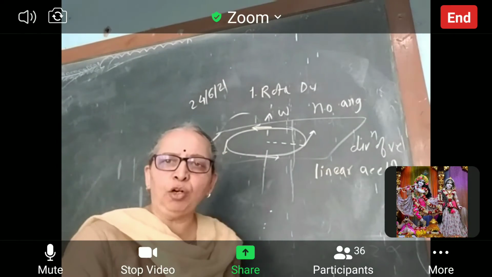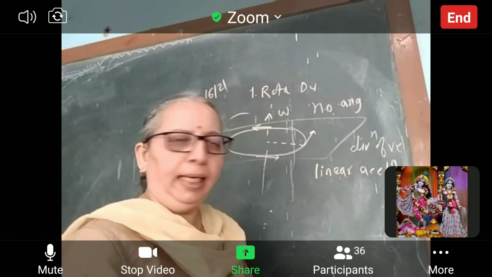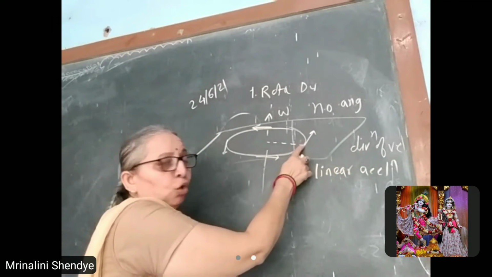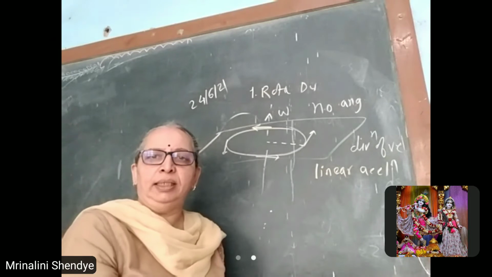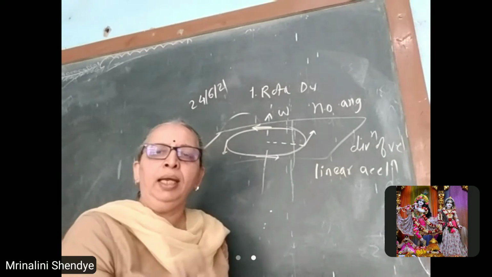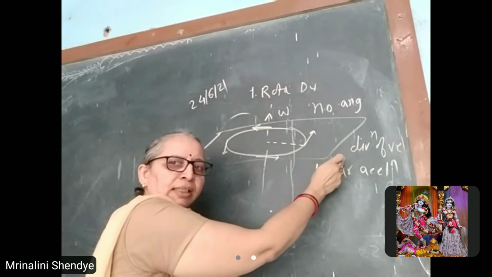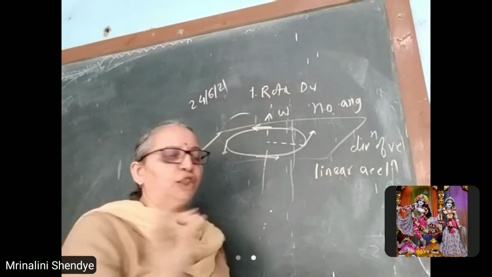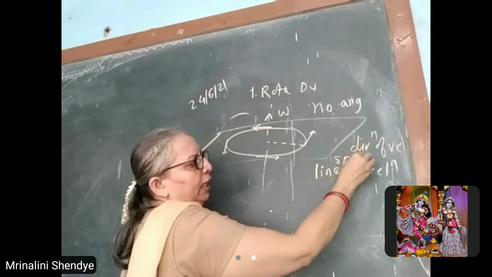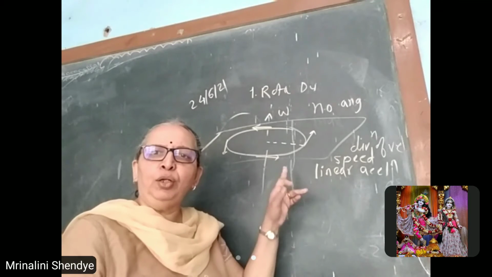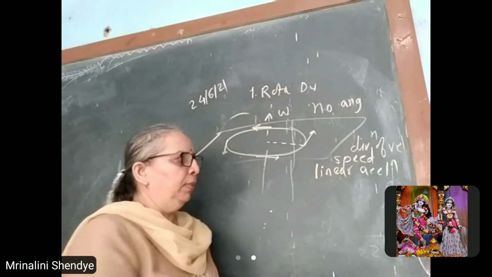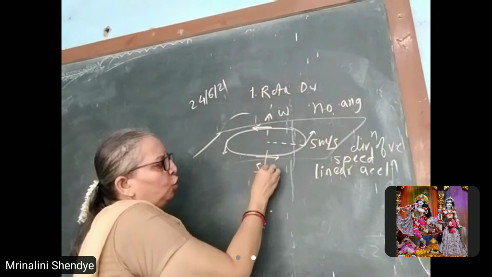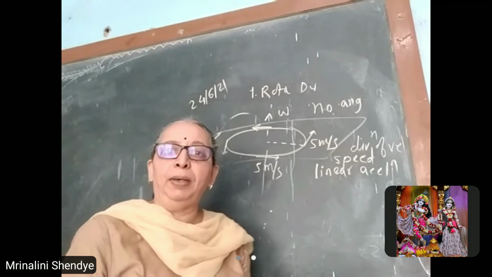We come across certain examples in which, along with the change in direction, the magnitude of velocity also changes. There are few circular motions in which direction changes, but magnitude remains constant. That is, the speed with which the particle is executing circular motion remains the same. Here, if it is 5 meter per second, at this point also it will be 5 meter per second.